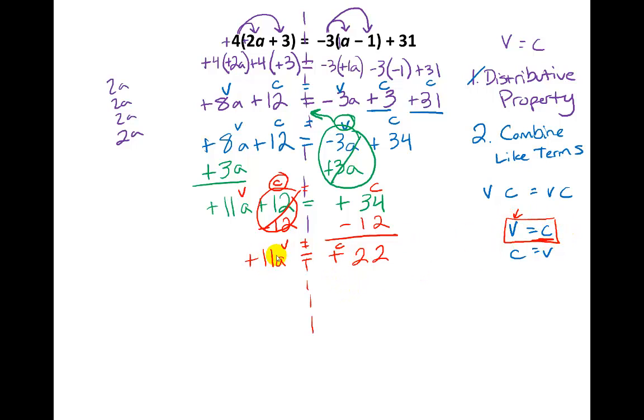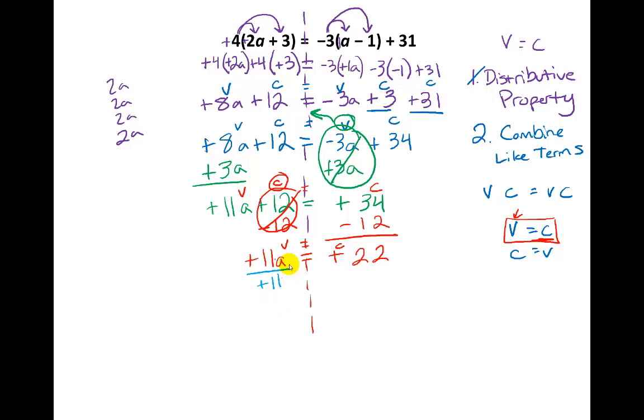But I don't care what 11a's are. I want to know what is 1a. 11 times a. So instead of multiplying, I'm dividing by the coefficient, by the number and sign in front of a. So I'm going to divide by a positive 11.